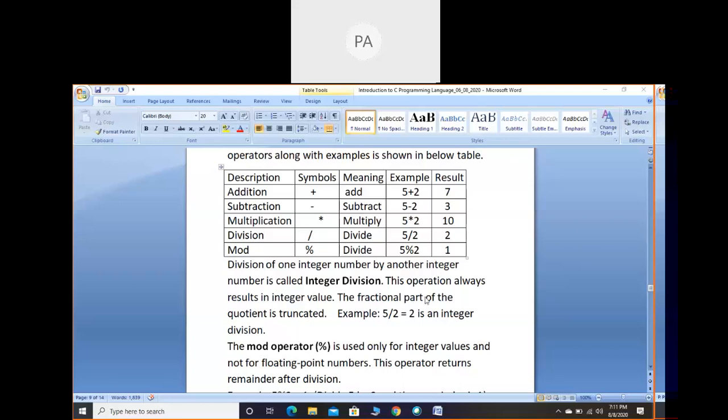If you look at this example, 5 divided by 2 equals 2 is an integer division.